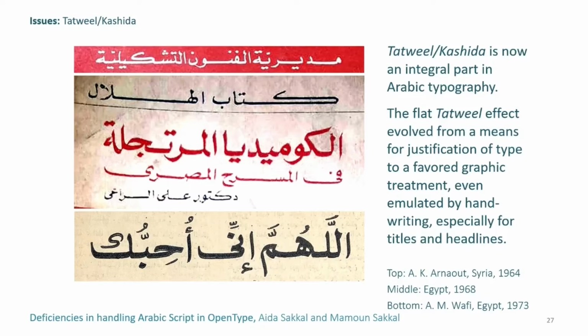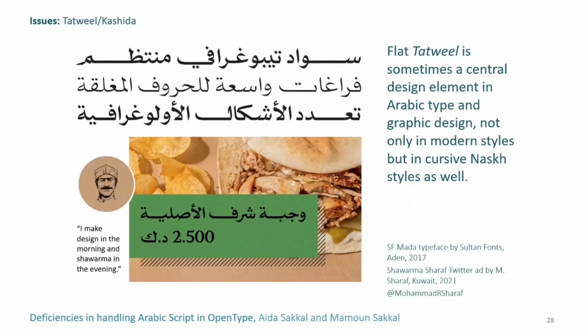In these examples from Syria and Egypt, you can see how the flat tatweel is written by hand, sometimes with a slight curvature, but in other cases completely flat, as if drawn by a ruler. So flat tatweel is no longer just a method for justification.